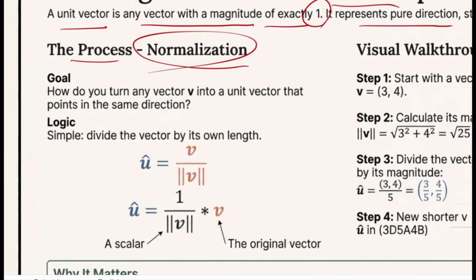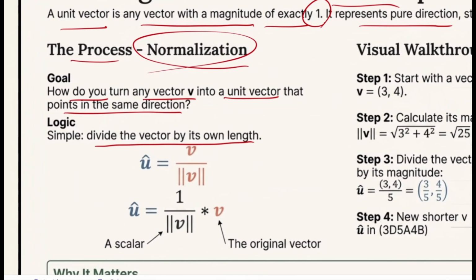So here's the process of normalization. Here's our goal: how we can turn any vector which has x and y displacement into a unit vector that points in the same direction. It means that I'm not changing anything other than the magnitude. I still have to keep the direction itself. That is the important part. So here's the logic, and it's simple: divide the vector by its own length.